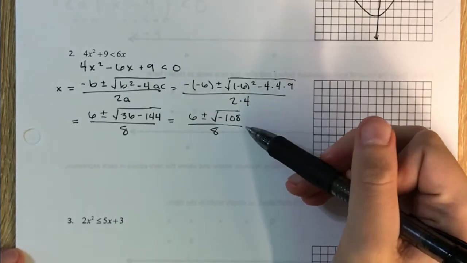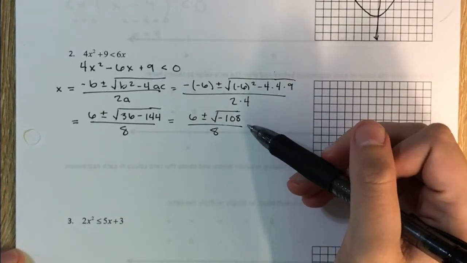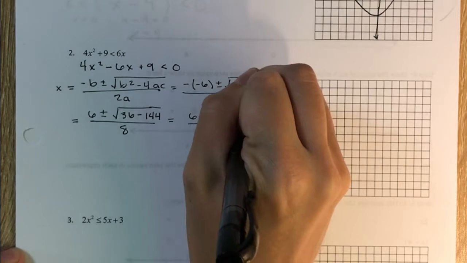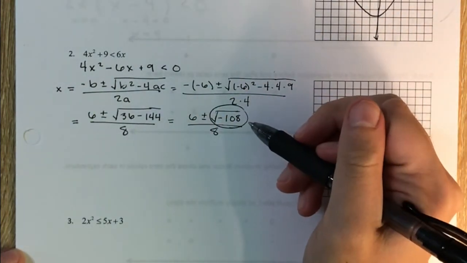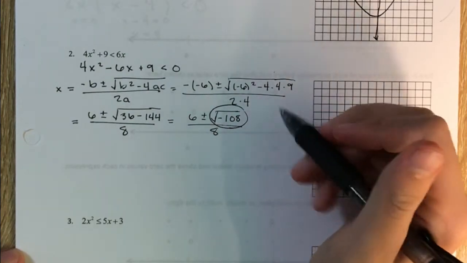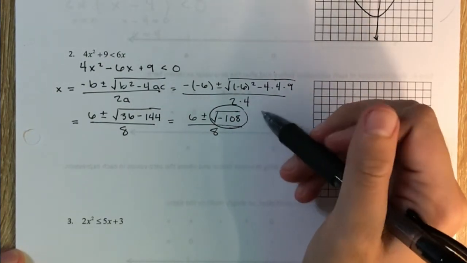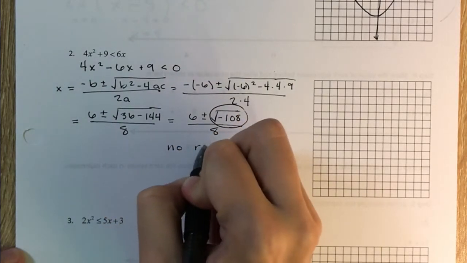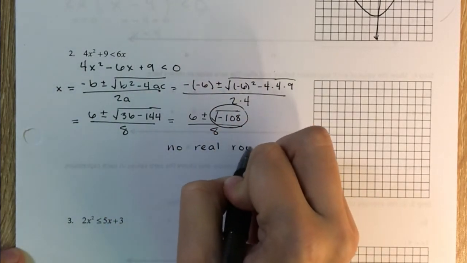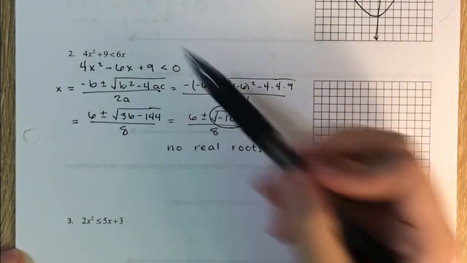Okay, what's up with this guy? Well, we have a negative under the square root. Can we have that? No, that doesn't give us a real number. So there are actually no real roots for this function.